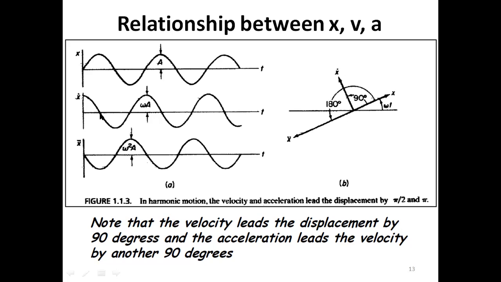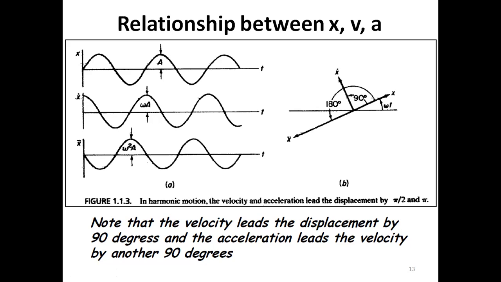Then again, the mass would start moving towards the equilibrium position. So the velocity would again increase. And when the mass reaches the mean position or equilibrium position, its velocity would be maximum.